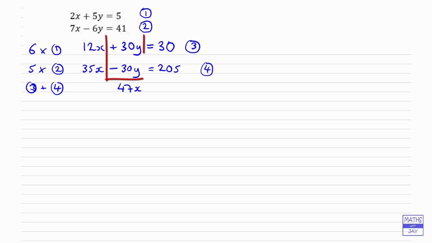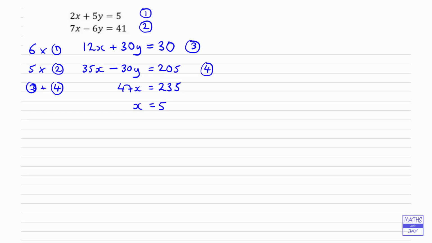And then when we add together the 30y and the negative 30y, we won't get any y's, so all we've got on the left hand side is 47x, and then adding together the 30 and the 205 gives us 235. So then we can divide both sides by 47 to get that x is 5.